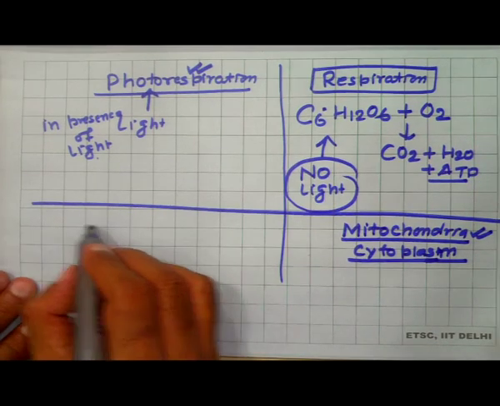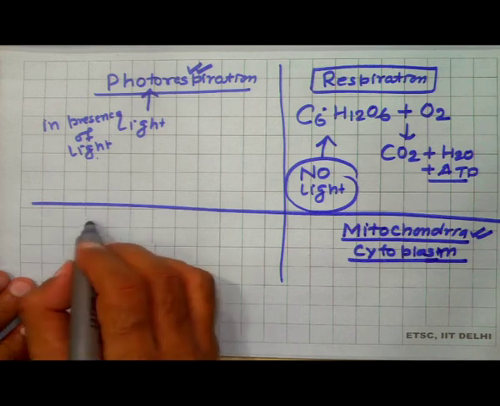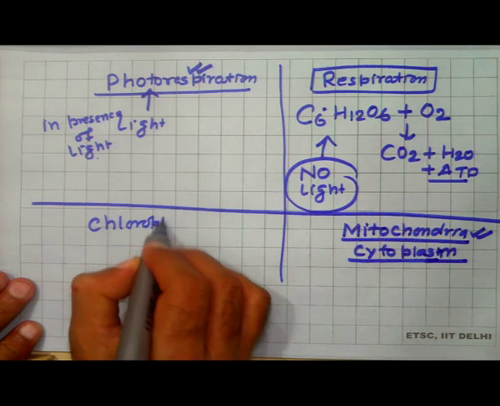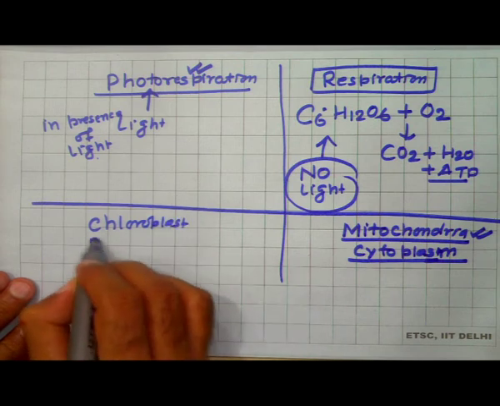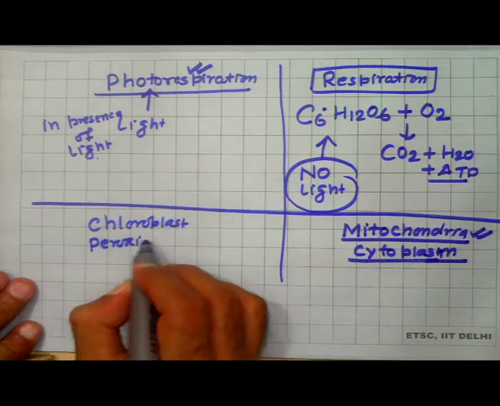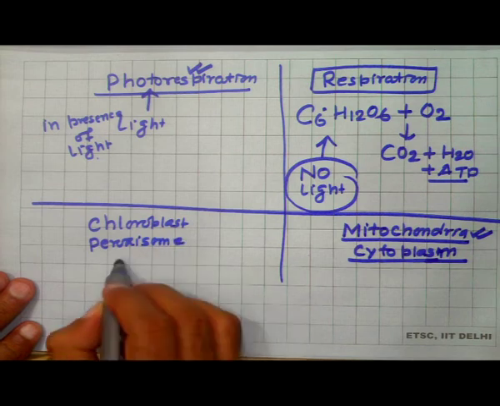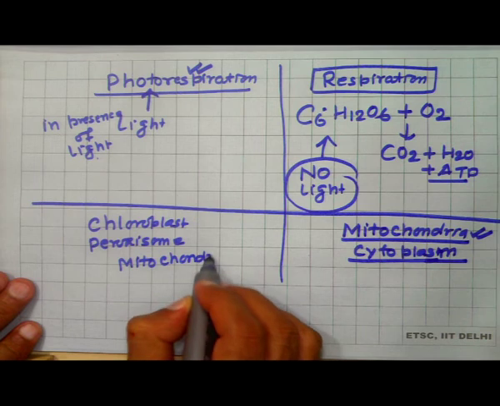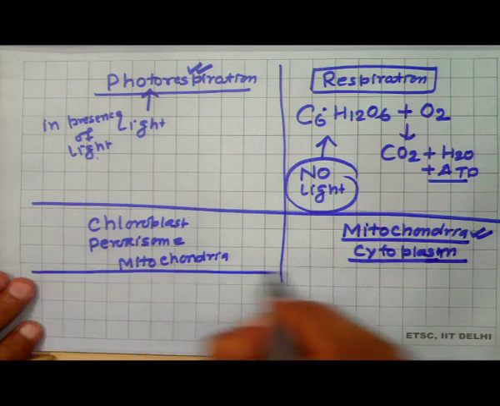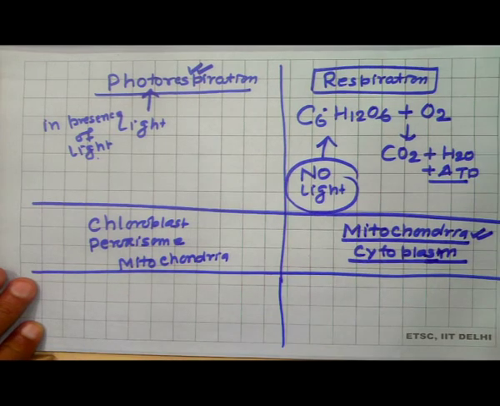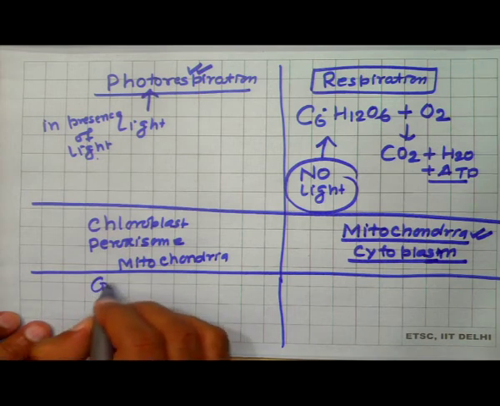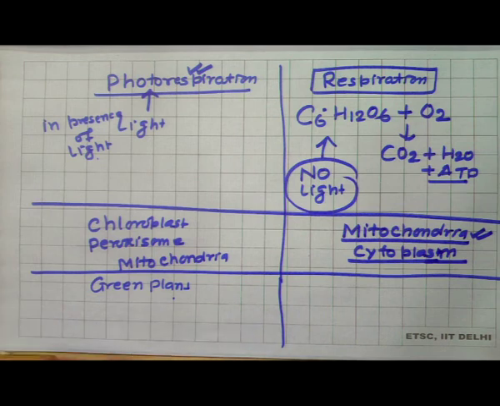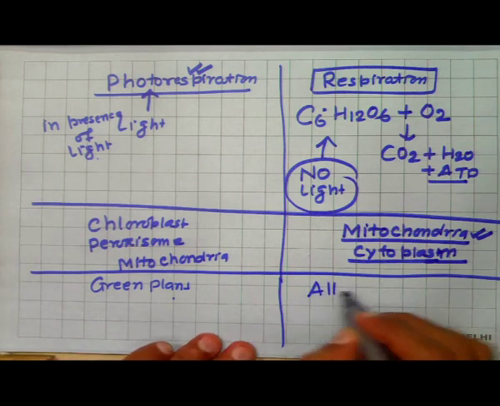But here 3 organelles are involved, that is chloroplast, peroxisome and mitochondria. The third difference: photorespiration takes place only in the green plant, but respiration takes place in all living cells.